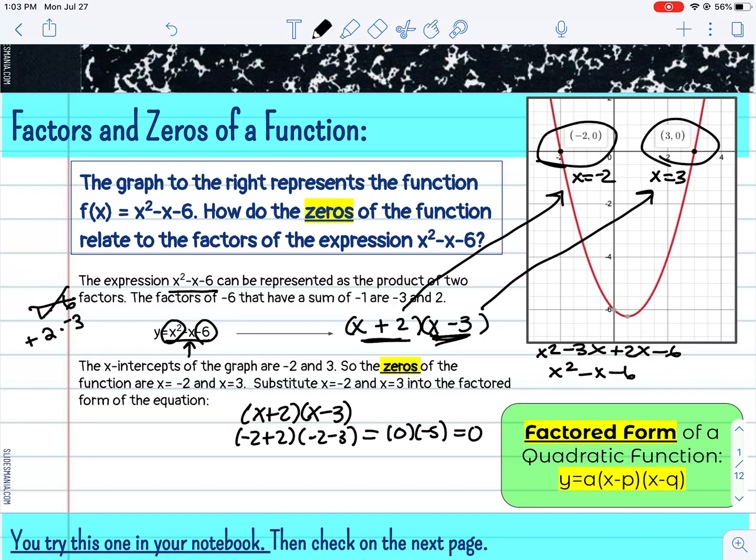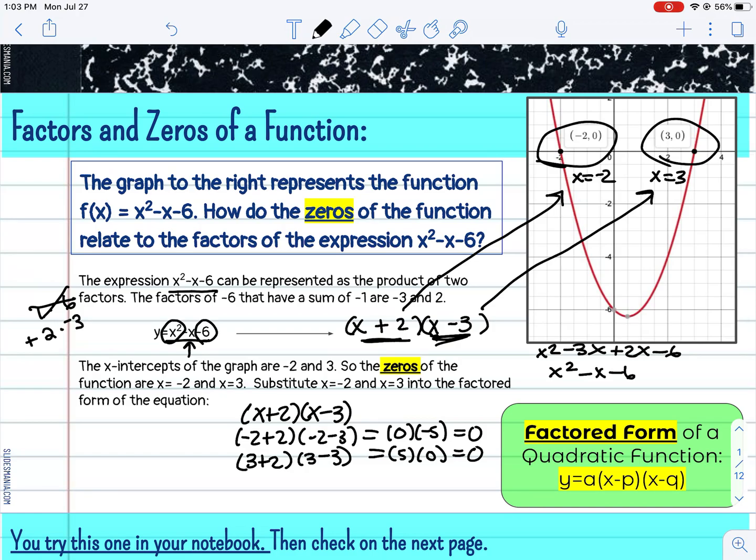So that's another relationship of why they're calling them zeros, because when you substitute them into your expression, you're going to get 0 for an answer. If I try this second one, the 3, notice I get 5 times 0, which is still 0. So those factors and those solutions and the zeros, they're all related.